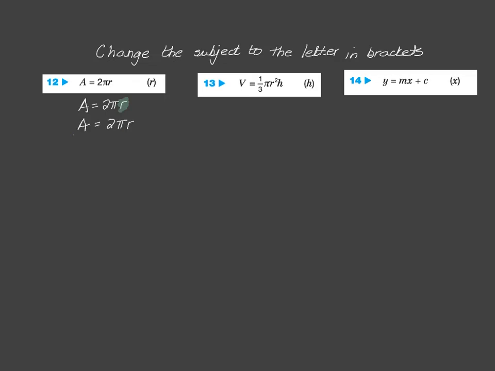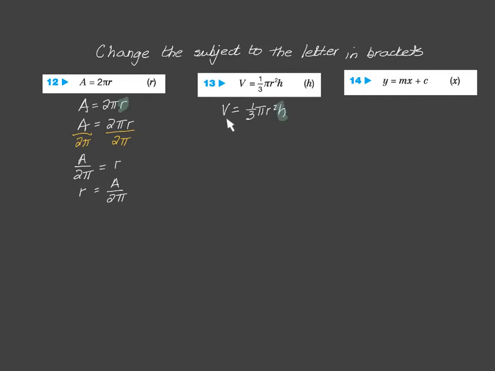We divide by 2 pi on the left and we divide by 2 pi on the right. On the left we have a over 2 pi is equal to, on the right, 2 pi divided by 2 pi is 1, and so we have r, and we make r the subject. So r is equal to a over 2 pi.